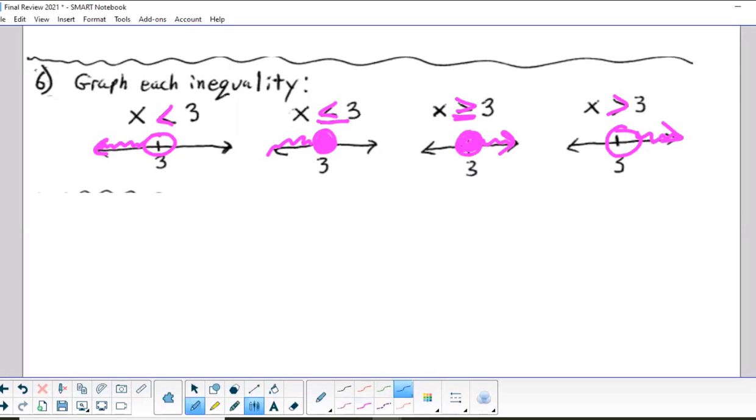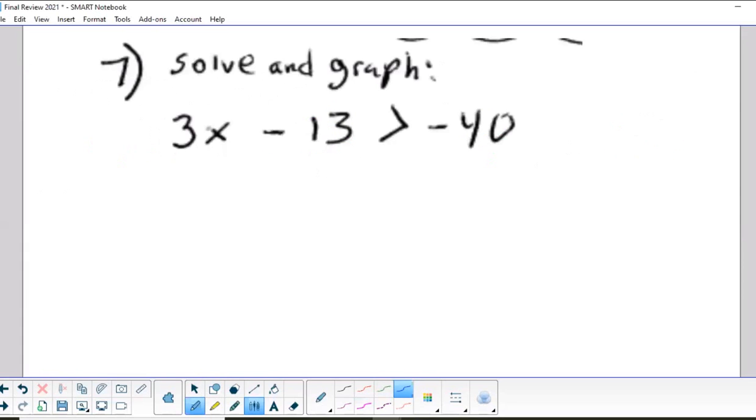All right, let's go to number 7. Solve and graph. All right, what is our first step? Add 13. Okay, so you add 13. And okay, this is the hard part.